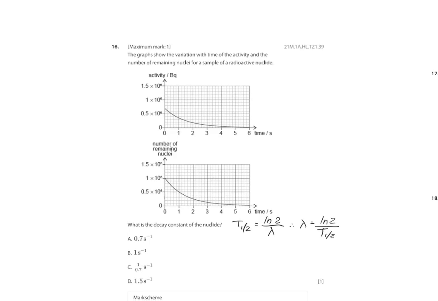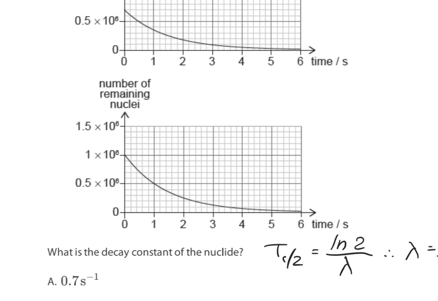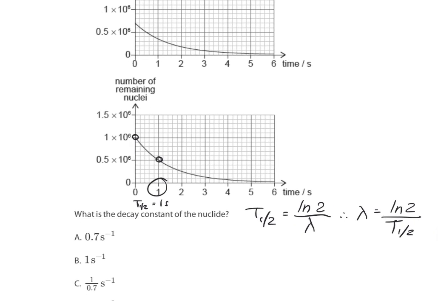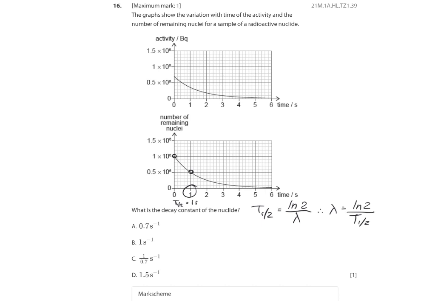We'll take a look at the graph of remaining nuclei, and at time 0, we have 1 times 10 to the 6 nuclei, and then basically half of that, 0.5 times 10 to the 6, occurs right here, which is at 1 second. So what that tells me is that the half-life for this nuclide is 1 second.